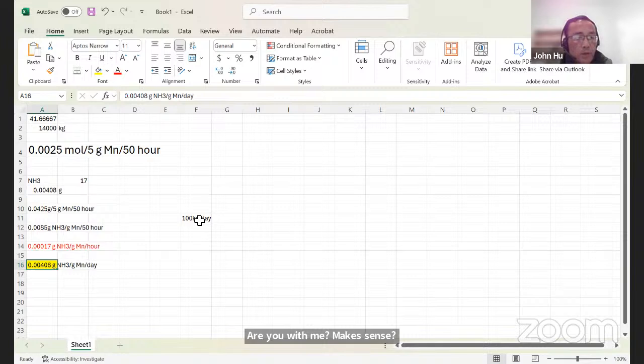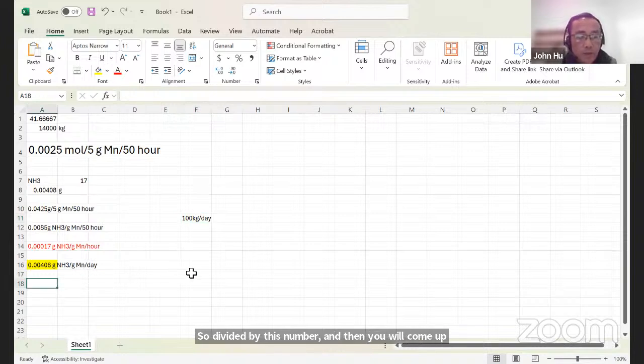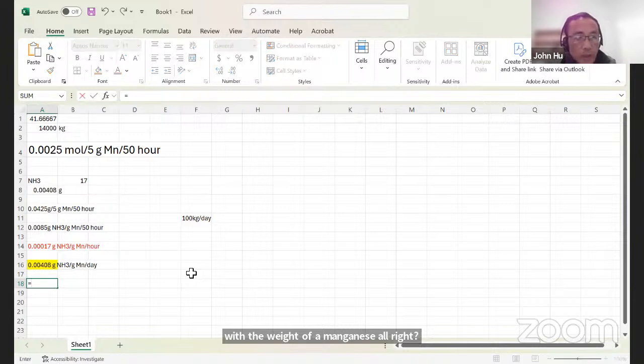So what's the deal? 100 kg means 100,000 grams. All right, so divided by this number, and then you will come up with the weight of manganese. Watch the input line, you should see the formula. 100 kg means 100,000, divided by this.